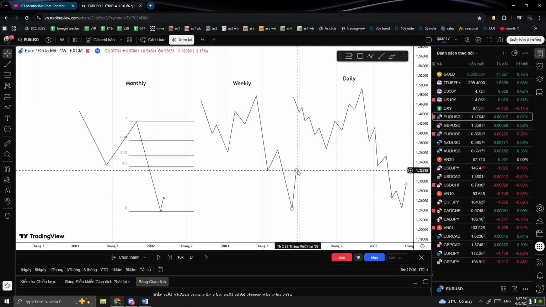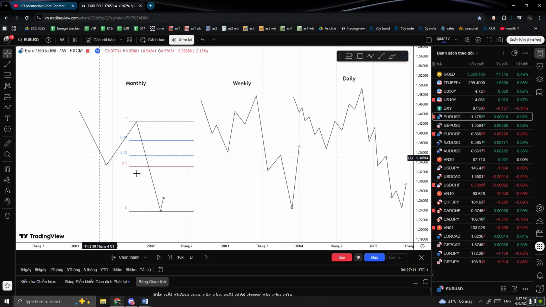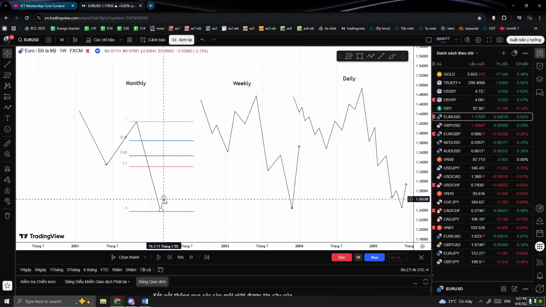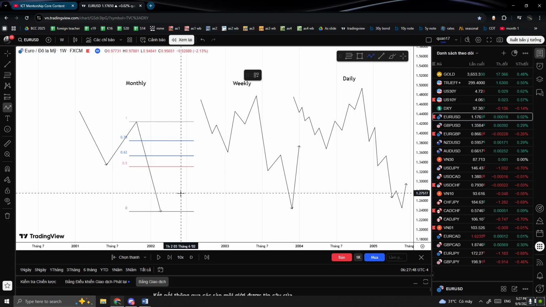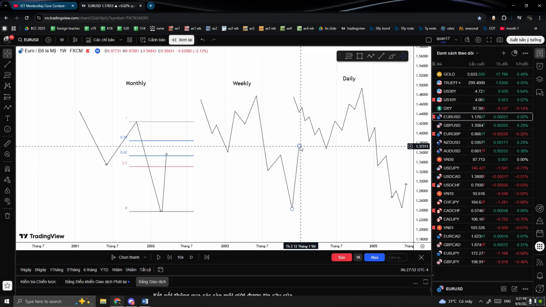Let's assume the weekly is going to market structure shift and be bullish. So right now it's a very high probability that price is going to go back to premium of the monthly, because the weekly just breaks structure up.